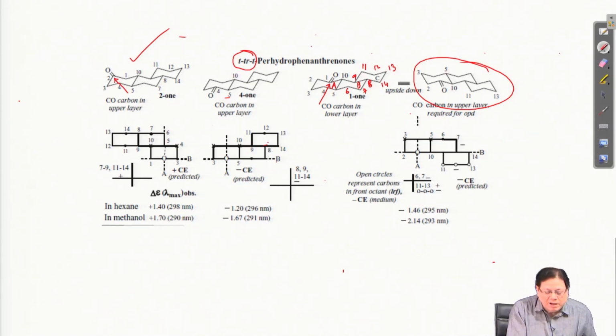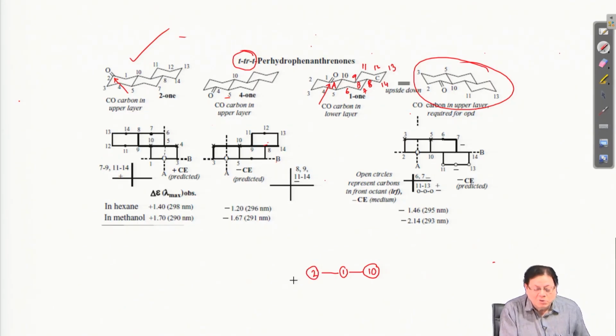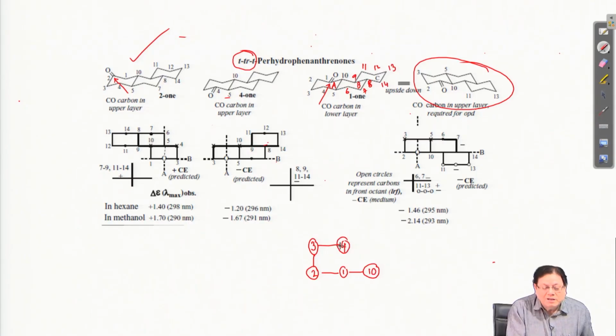This is 1 and 1 is connected to 10, that is not a problem, and 1 is connected to 2, that is also okay. Then you have 3, then you have 4, then you have 5 and you have 10. So, this is the A ring. Okay. Remember, these are the 2 axes.